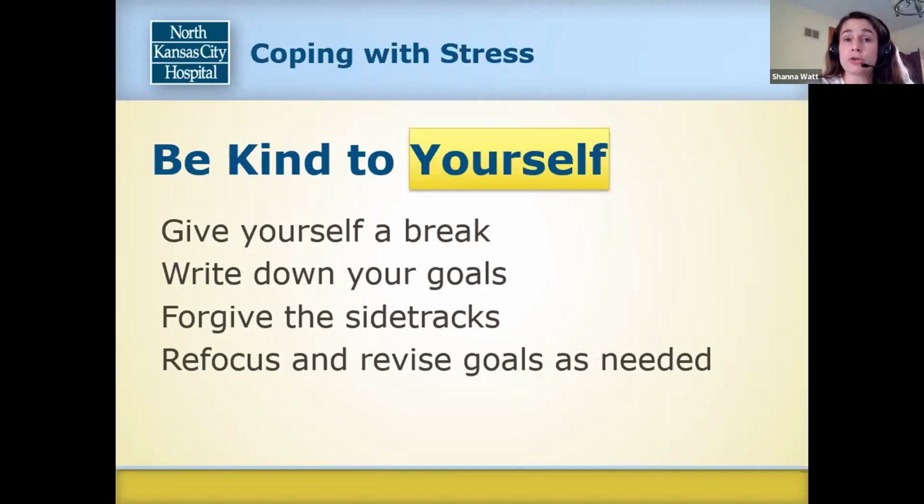You can write down your goals. And if you don't achieve that goal, that's okay. Guess what? You have some more time. Okay. You can give it another shot. Also, whenever you're writing down your goals, make sure that you think that they're achievable. If you don't think that goal is achievable, do not set yourself up to fail. Change your goal to be a little bit more achievable.